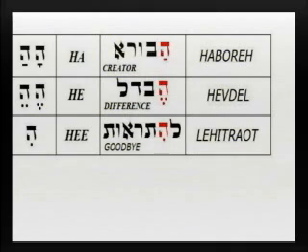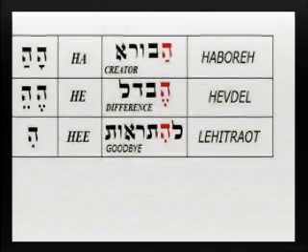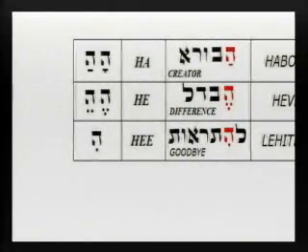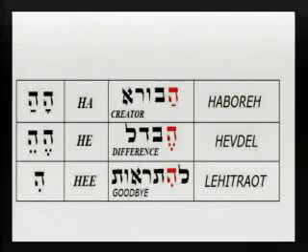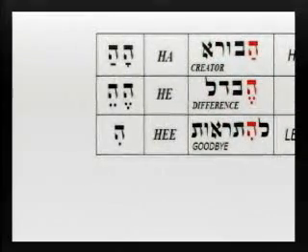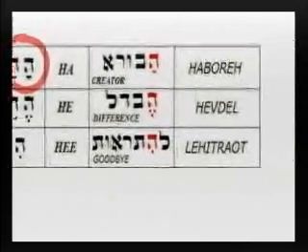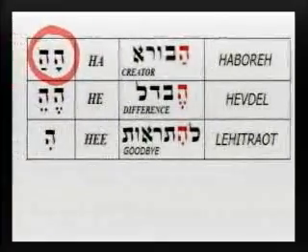And we can see the usage of the letter Hey in different word combinations. Let's see the top word on the screen right now. That is called Habore, the creator, with the Patach underneath the red letter Hey.